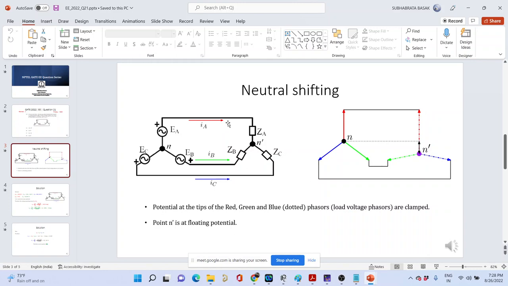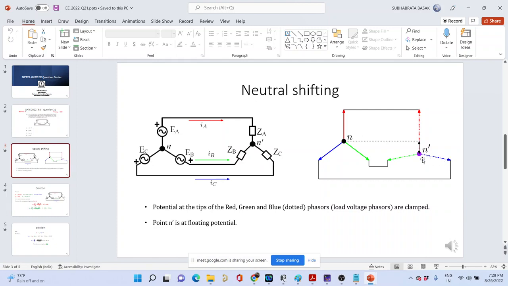However, the currents flowing through this are not balanced. As a result, the voltage drop in the A phase load may be higher, or it may be the other way around. So the voltage drop over here may be high, and the other two branches of the load will have a lesser voltage drop, and the neutral may shift.